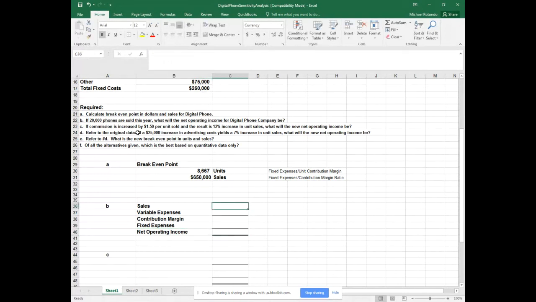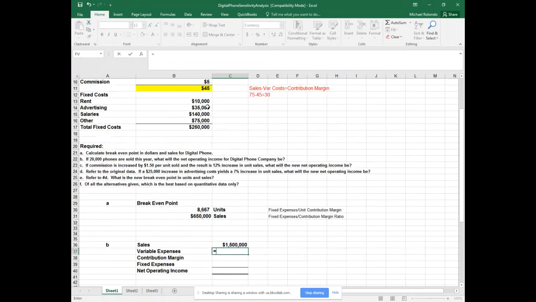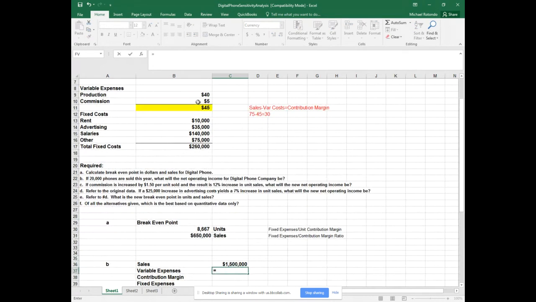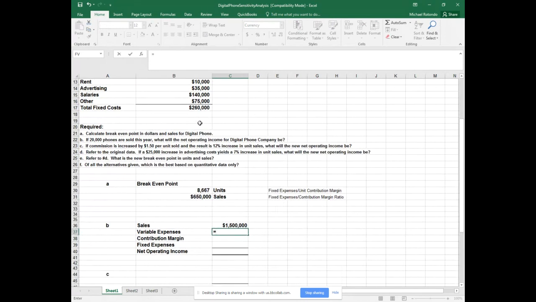So 20,000 units, okay, or 20,000 phones at $75 per phone is $1,500,000. Our variable expenses, $45 per unit total, including production and commission, times the 20,000 phones. That gives us 900,000.